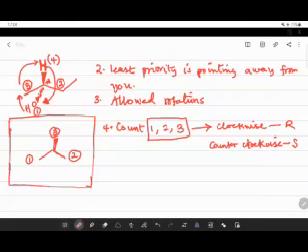Okay. Now let's count them. If we count 1, 2, 3, this is counterclockwise.